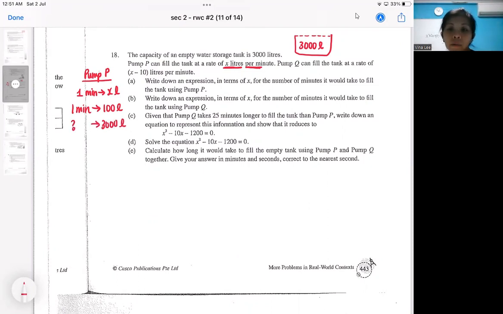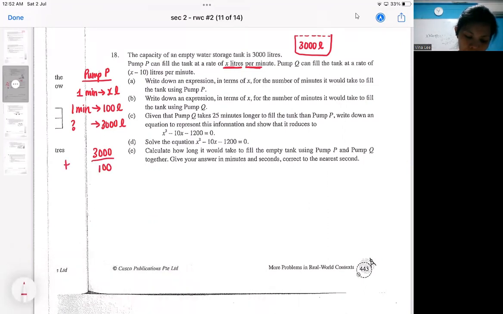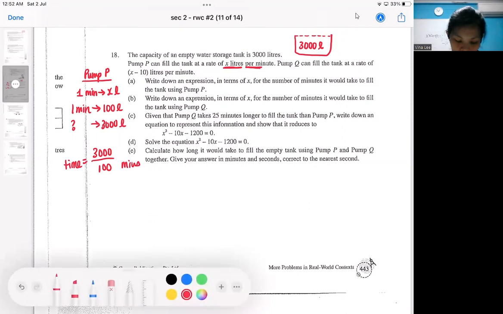If it is 1 minute, 100 liters, it's easy to understand that it's 3,000 divided by 100. So the time will be 3,000 divided by 100 minutes. But since the 100 is imaginary, it is not supposed to be there.